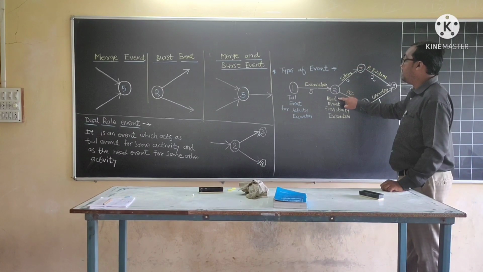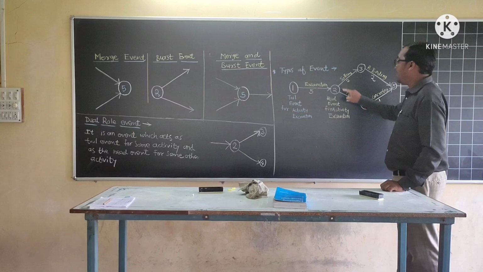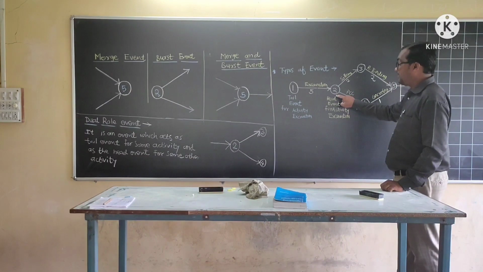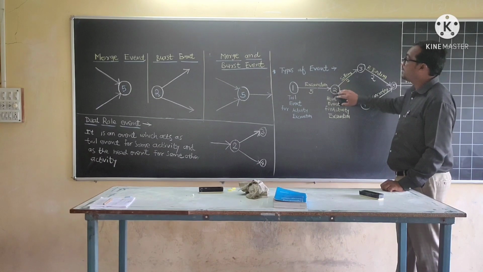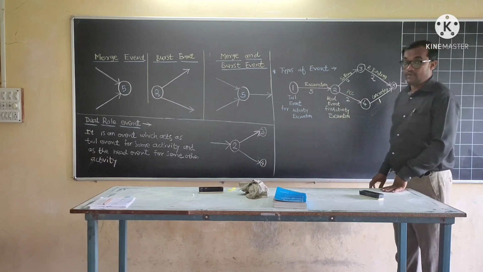Therefore, event number 2 is the head event for activity excavation, and at the same time the tail event for activity SOLI and activity PCC. Therefore, this type of event is considered a dual role event.